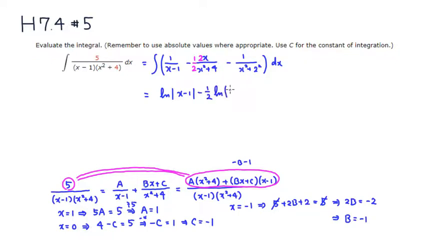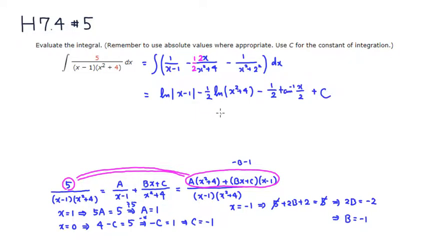We don't really need the absolute value because that's always positive. And the last one, with the negative sign, is in the 1 over a squared plus x squared form. A is 2, so it's 1 over a arctangent of x over a, and then plus some constant C.